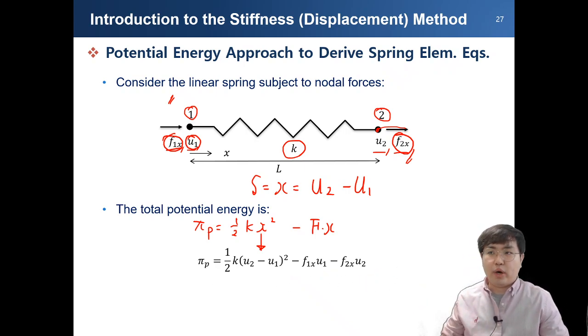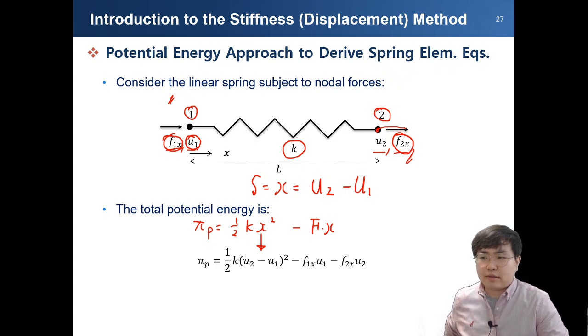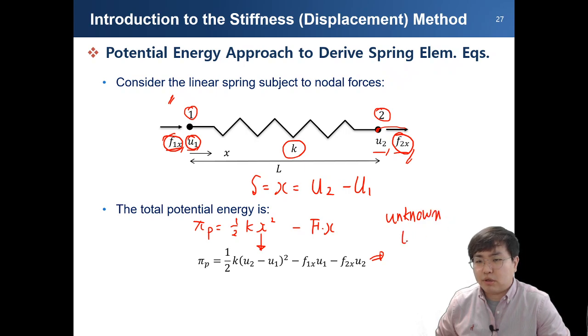So what is next? Let's think about it. Actually, we don't know U2 and U1. The unknown variables are U1 and U2. We already know K. F1x is a boundary condition, and F2x is also a boundary condition given to describe this system.